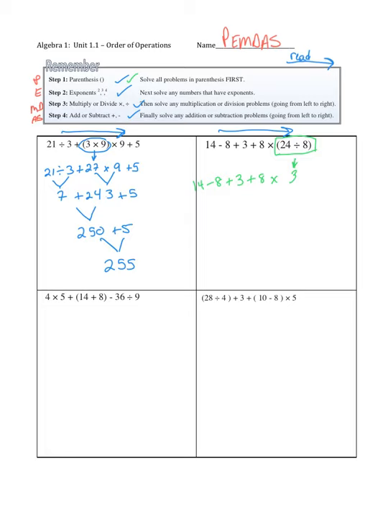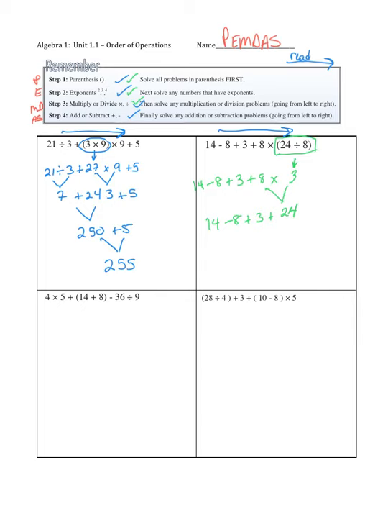Okay? Now, next step, we're going left to right. Well, I'm going to do my multiplication first because that's more important. That's step 3. No exponents again. Step 3, 8 times 3 is 24. Write down the rest of it.